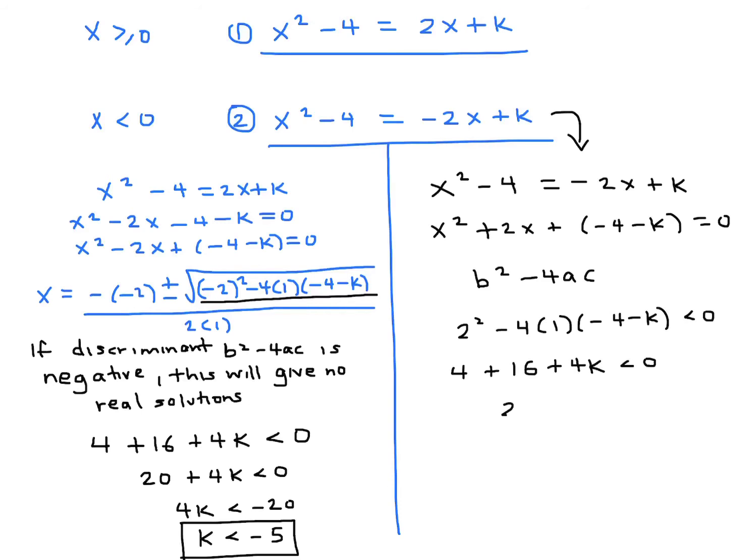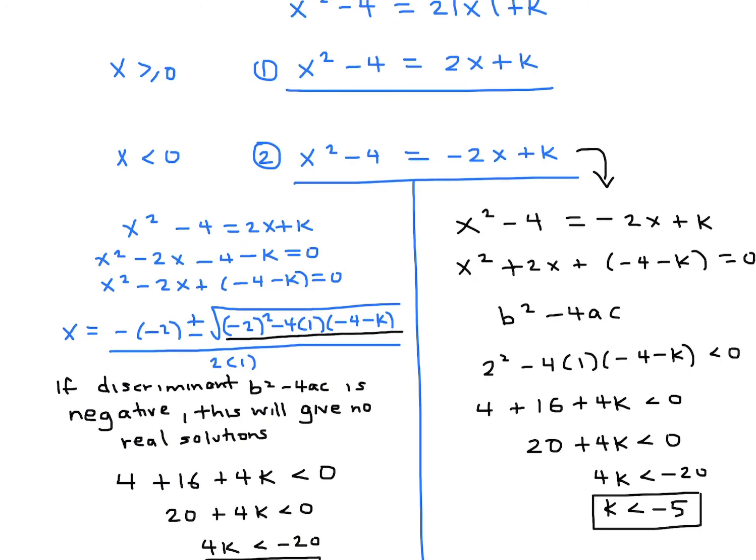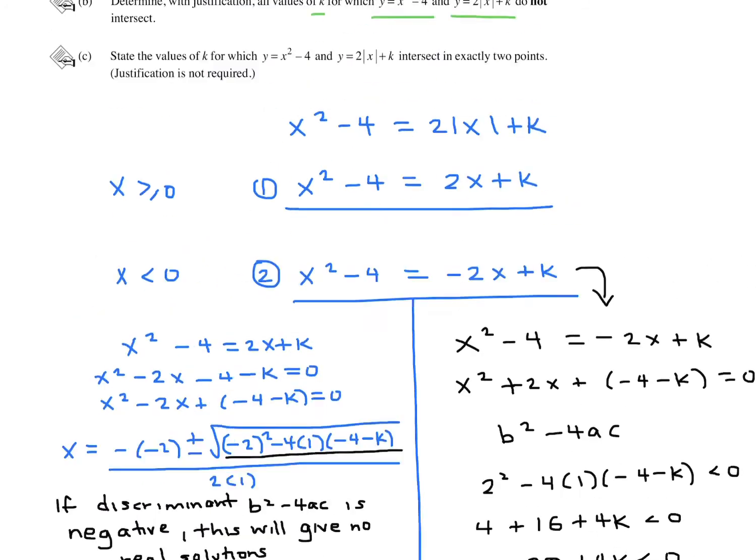And it looks very familiar. I think it's the exact same, actually. And therefore, 4k is less than minus 20, and therefore k is less than minus 5. All right, for both scenarios, if k is less than minus 5, these two will not intersect because the discriminant will be less than 0, and that will not give real solutions.